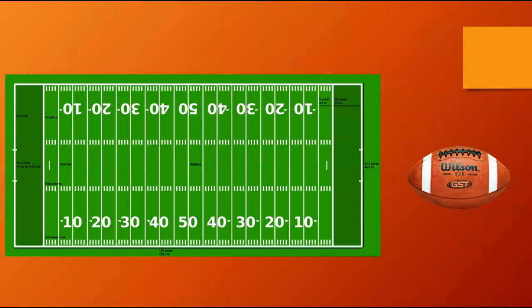We'd have to use a lot of rulers to measure this football stadium. But instead of using inches, they use yards for a football stadium. So each of these, there's 10 yards, 20, 30, 40, 50, and so on. So there's a total of 100 yards in a football stadium.